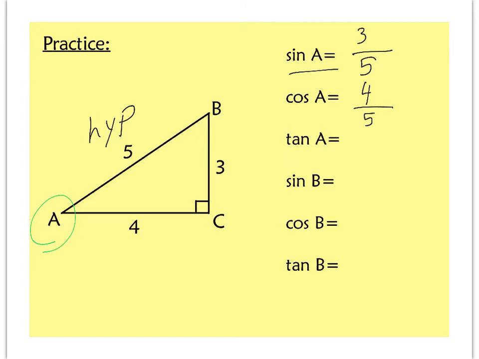You notice in tangent, you don't use the hypotenuse at all. You use the two other sides, opposite over adjacent, and it's important they go in that order. Still talking about angle A, we haven't moved, so the opposite side is still 3. So I'm going to write 3 over my adjacent side, 4.